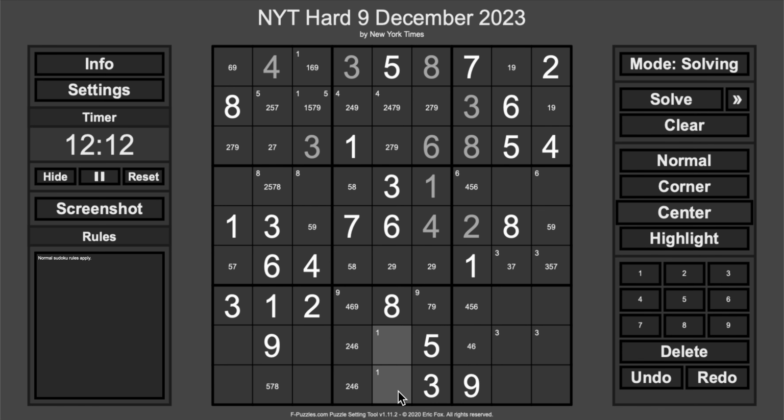Let's see, these cells are not 3, 5, 6, 8, 9. They are from 1, 2, 4, and 7. Actually, that could be 7, so that doesn't help me much.